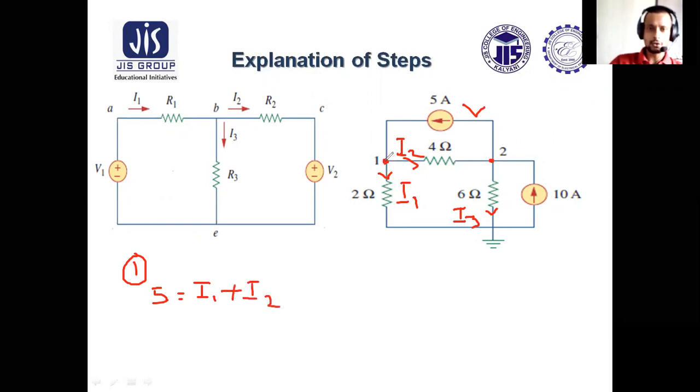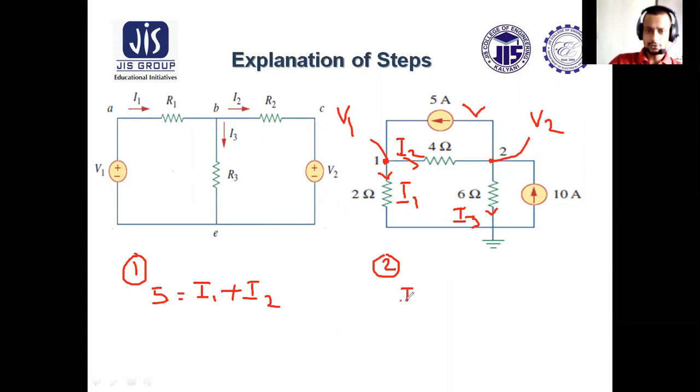Voltage at node 1 is, say, V1. Voltage at node 2 is, say, V2. This is one KCL equation. Another KCL equation could be obtained for node 2. That is, I2 is entering, 10 is entering.